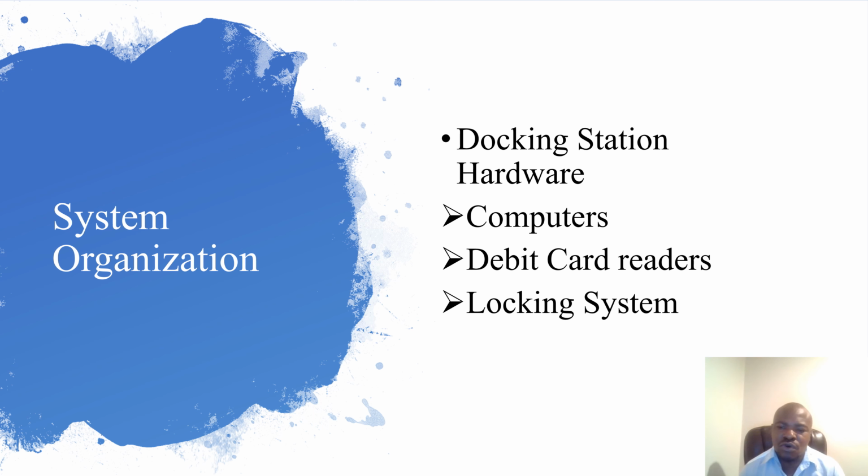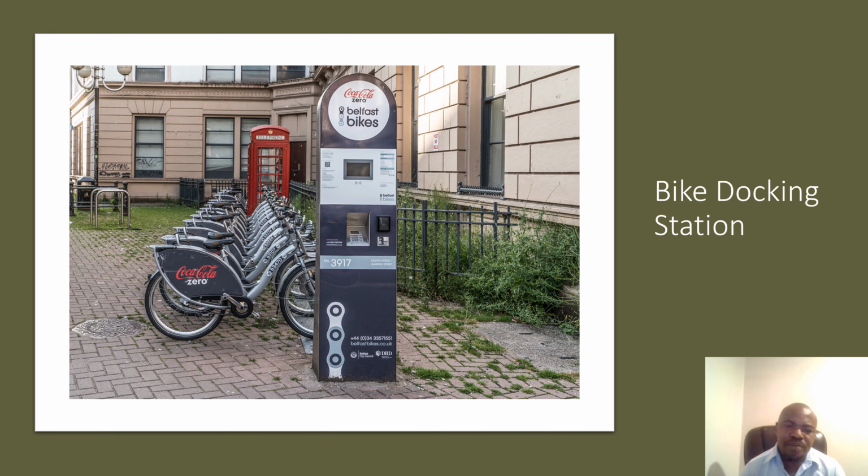And I can also demonstrate this by use of a picture. So in this picture, when you look clearly, you'll see that there is a computer here. This computer will have an interface with different options that users will be able to select while renting or booking the bikes.